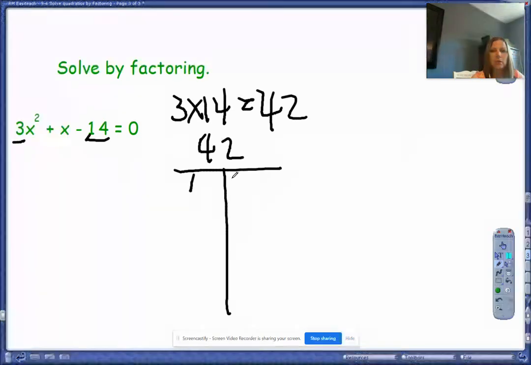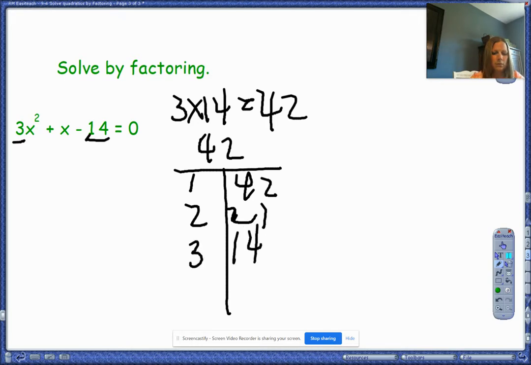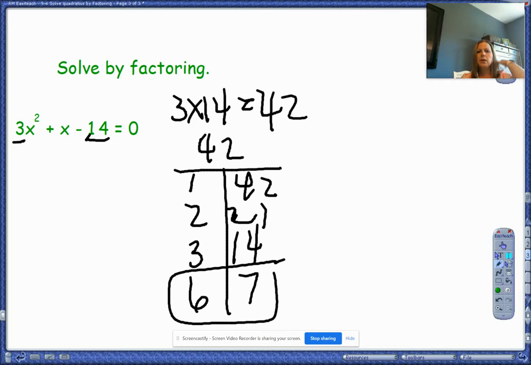So 1, 42, 2, 21, 3, 14, 4, 5, 6, and 7. So here we go, 6 and 7, because it's going to have one negative and one positive, right?